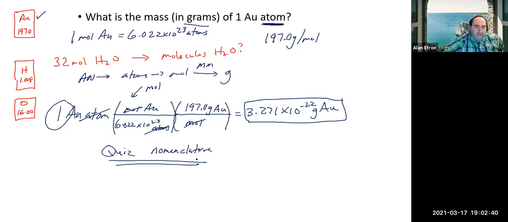So that's naming, that's formulas, that's polyatomic ions and stuff like that. We'll do it at the end of lecture on Wednesday. The exam obviously has been moved now until after spring break, which is the following week, and by next week, we'll know exactly where we're at in terms of which day it will be, Monday or Wednesday, but it will be after spring break. Any questions on that?